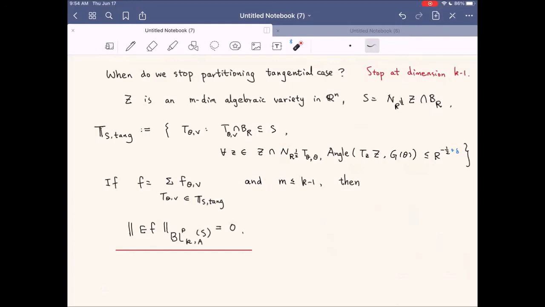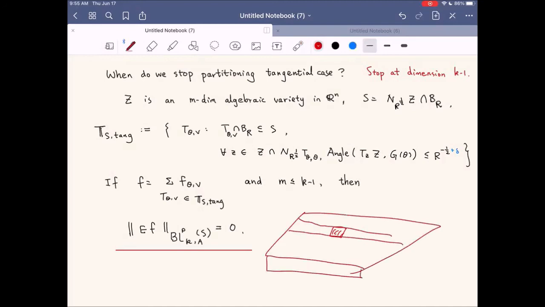We stop when the dimension of the variety is small k minus 1. This is by our small k broad assumption, and also the tangential tube assumption. Since on each cube, the set of tubes that's tangential to a (k-1)-dimensional surface will lie in the neighborhood of its tangent plane.